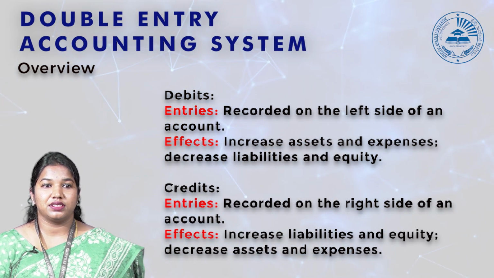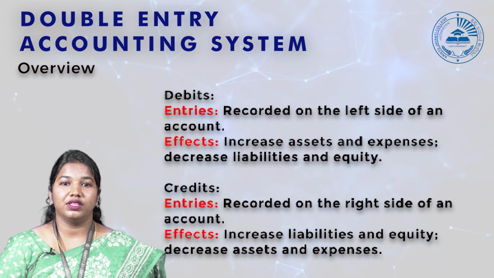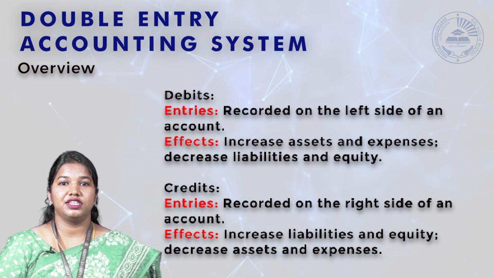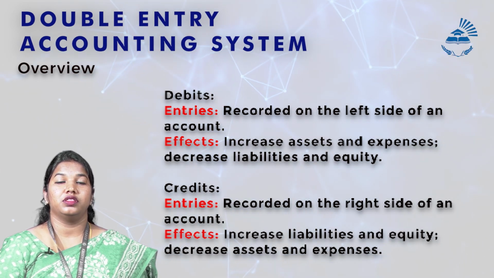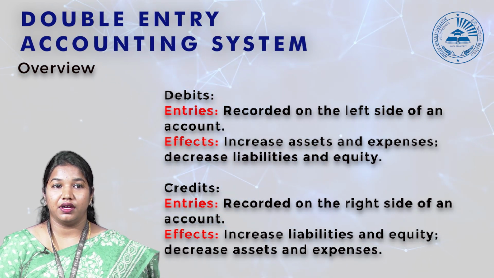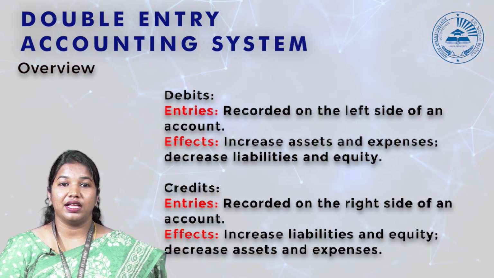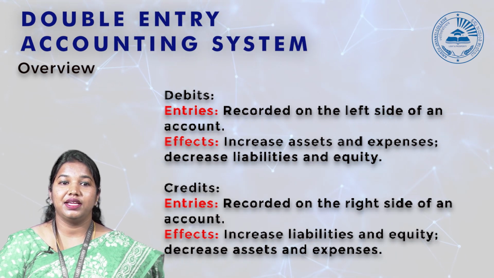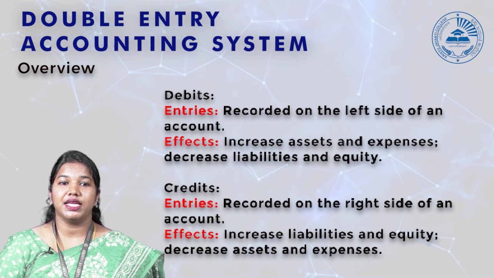In the double entry system, debit is recorded on the left side of an account. Debit is always on the left side of the account. What is the effect of the debit side? It increases assets and expenses and decreases liabilities and equity.